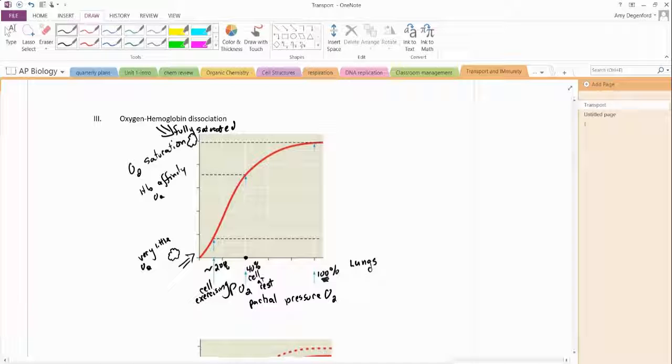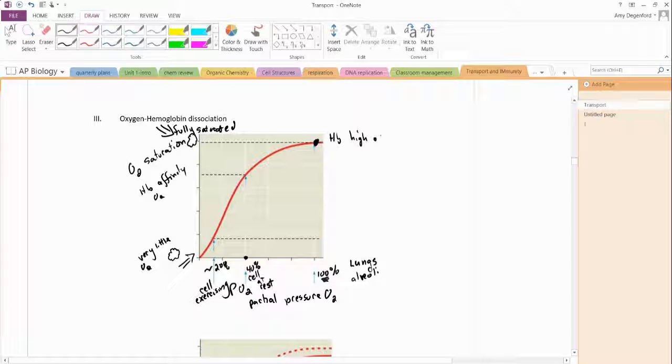So if we put these two together, what we notice is that way up here, there are a couple of points to really notice. Up here in our lungs, in our alveoli, to get a little bit more precise, we see the fact that hemoglobin has a high affinity.